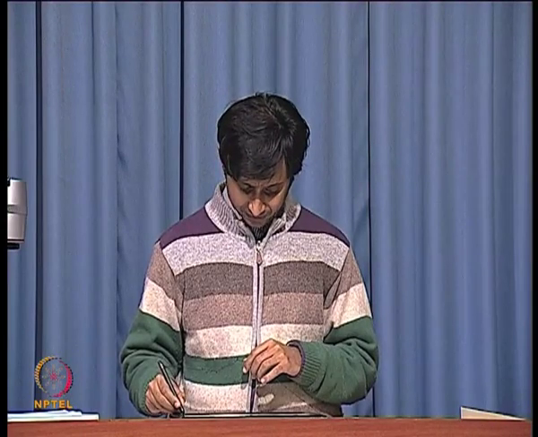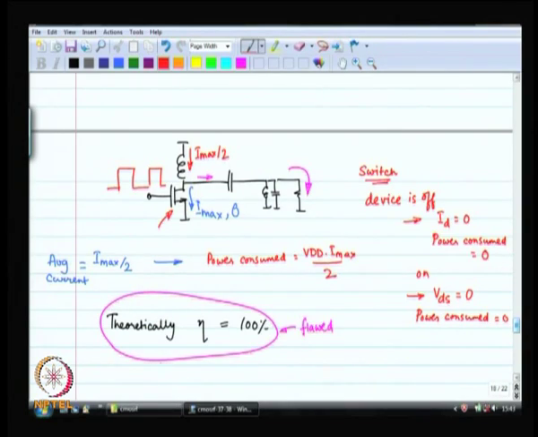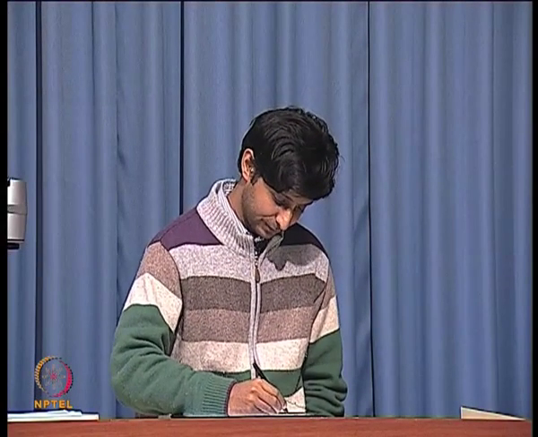The next thing is, so these are basically called class D amplifiers. Okay. You have to realize that the input to the class D amplifier is something like a pulse width modulated signal.